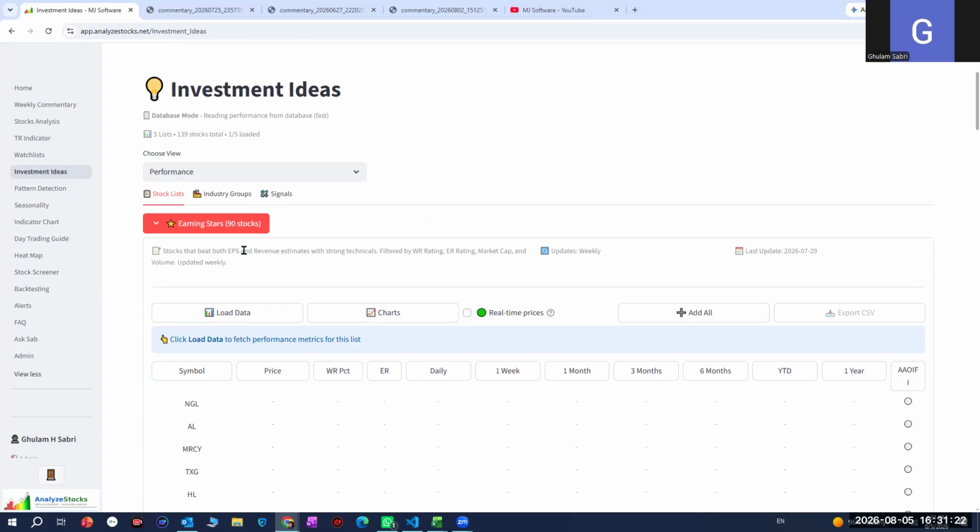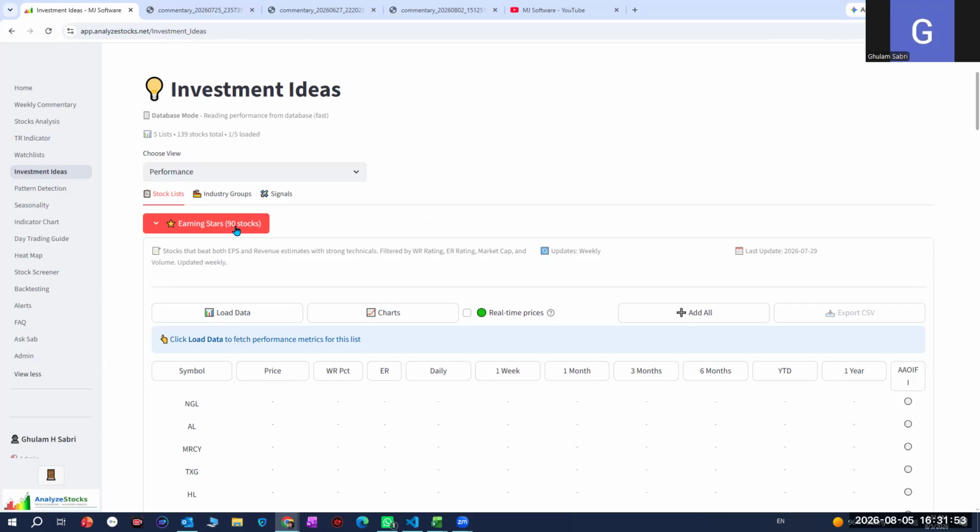If they are beating the analyst EPS and revenue estimates, what the market was expecting, number one, and they have strong technicals, which I explained, PPO crossover and moving average is bullish, and then high WR rating, which is my own proprietary. WR means weighted rank rating, and ER rating, market cap. If it's passing through these filters, then it will appear here.